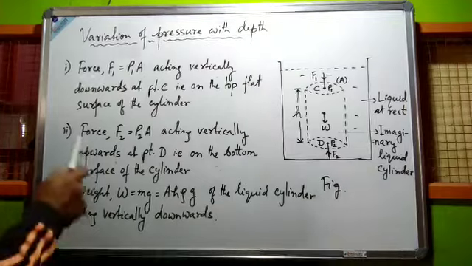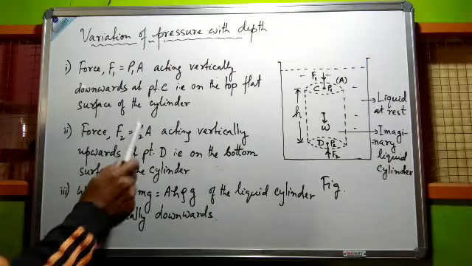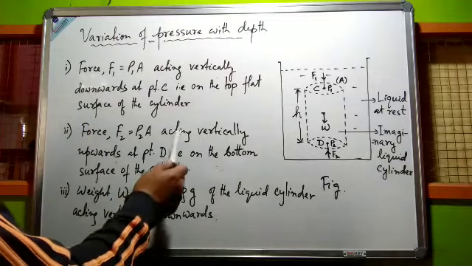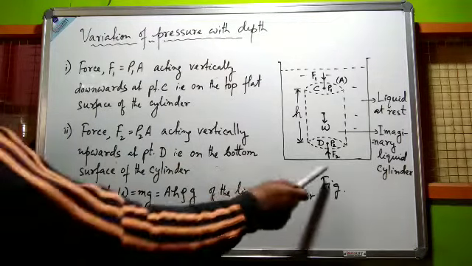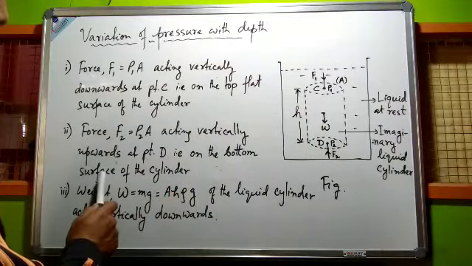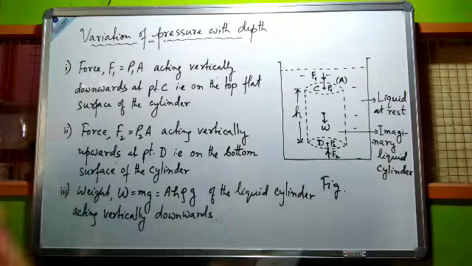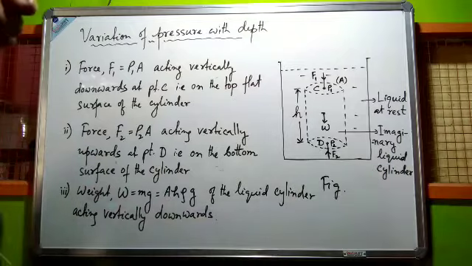Similarly, force F2 equals P2 A, pressure into area, acting vertically upward at point D, that is on the bottom flat surface of the cylinder. It acts upward, perpendicular to the bottom surface.